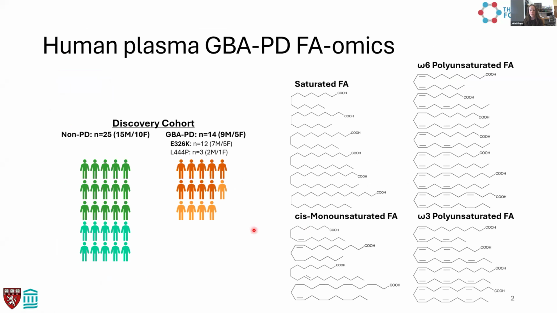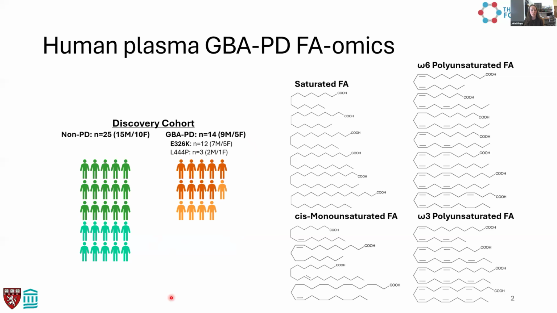To give a very brief overview of our primary focus for this work, we are doing human plasma GBA-PD fatty acid omic profiling in different plasma cohorts, where we are determining the GBA-PD fatty acidome, and this will allow us to identify novel biomarkers and therapeutic targets for GBA-PD.